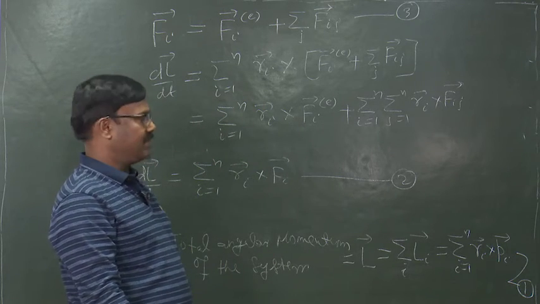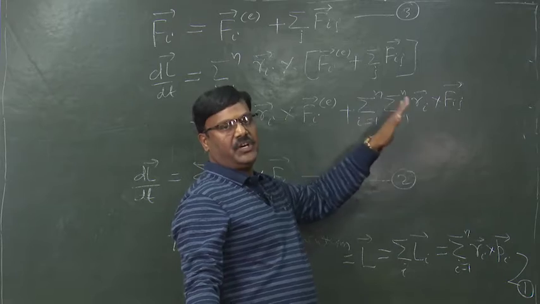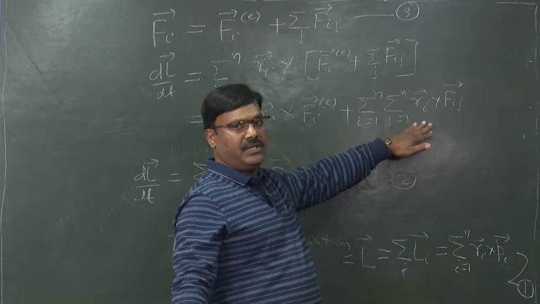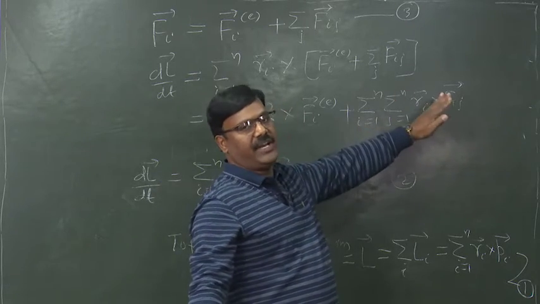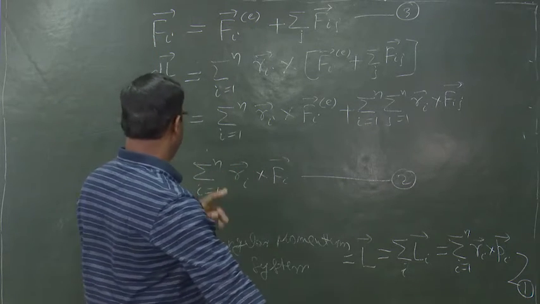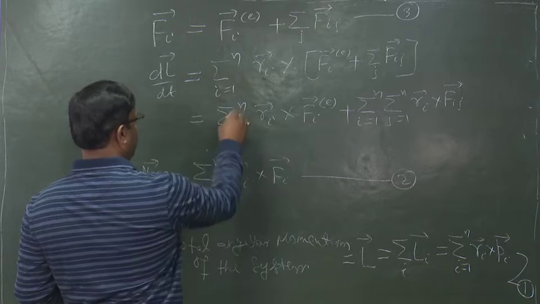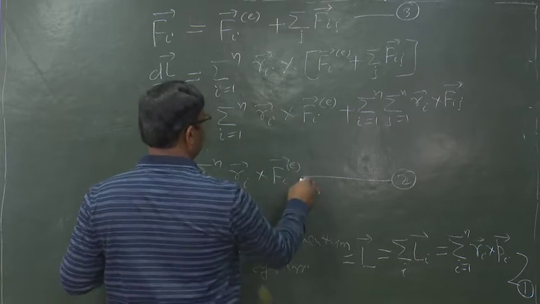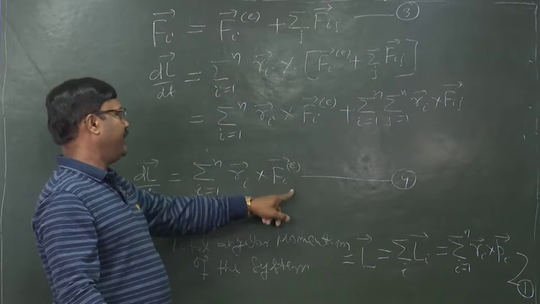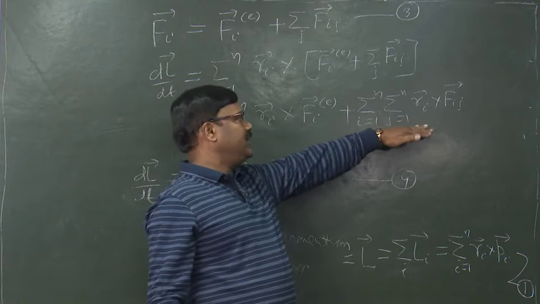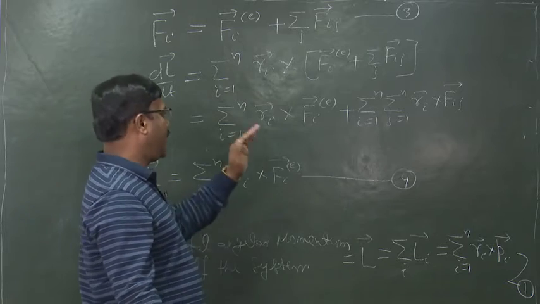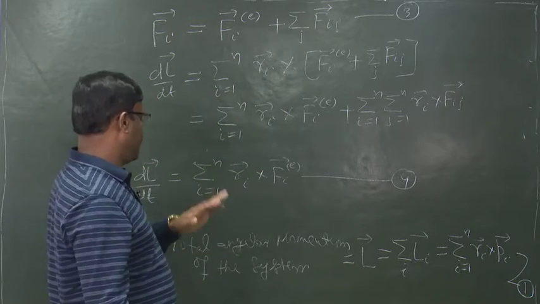But we know that the sum of the internal forces acting on a body is always 0. That is why this term vanishes, and hence our dL/dt will become the sum over i from 1 to n of r_i cross F_i external, because this term vanishes as the sum of all the internal forces acting on a particle is always 0.